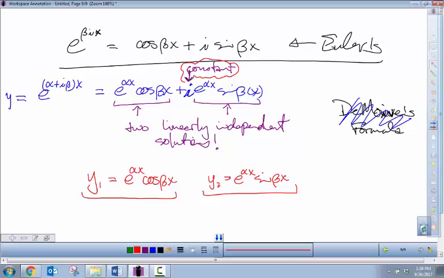So for complex solutions, your functions will look like this.